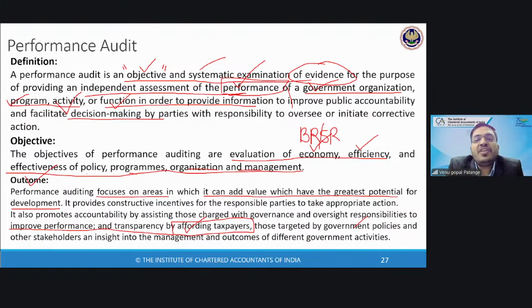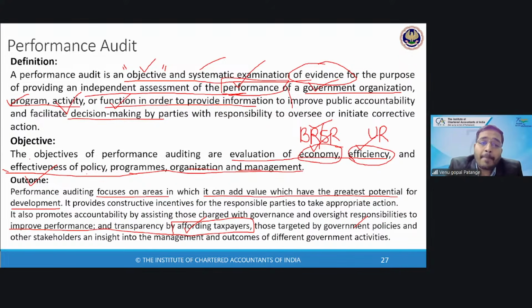What is efficiency? Utilizing right. Utilizing in a right way, buying in a right way, spending in a right way. So economy is buying in a right way, spending in a right way. Efficiency is utilizing in a right way.